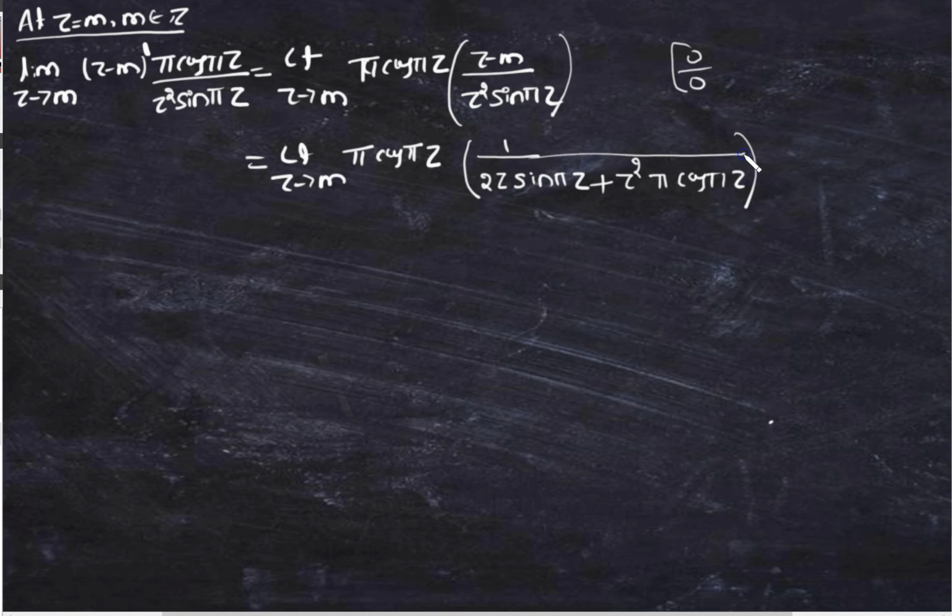Okay, now put the value of m here. Particularly in the options, they are asking about the pole at z equal to 1 and z equal to 2.